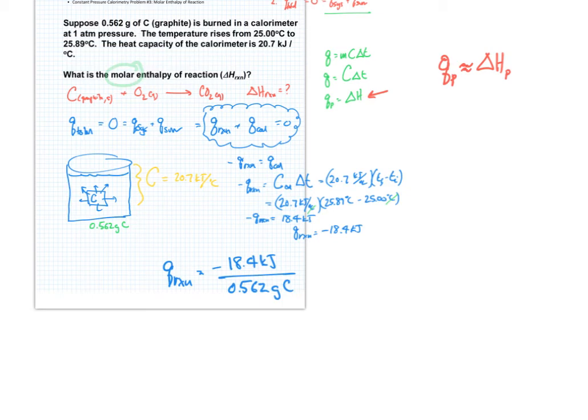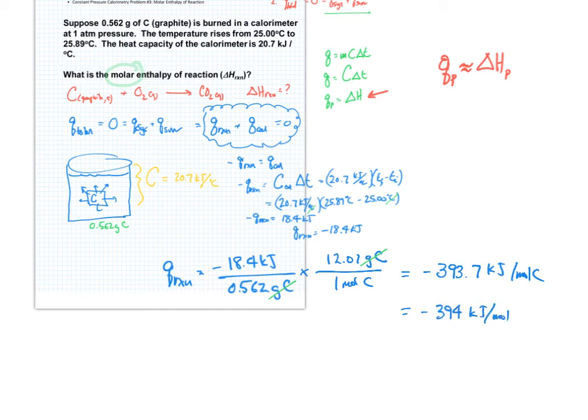So hopefully from here, you see where we want to go. I'm going to put 12.01 grams carbon for every 1 mole of carbon. Grams carbon cancels grams carbon, and now I have kilojoules per mole. So when I do this reaction, this is actually equal to minus 393.7 kilojoules per mole of carbon, and using the correct number of significant figures, minus 394 kilojoules per mole.